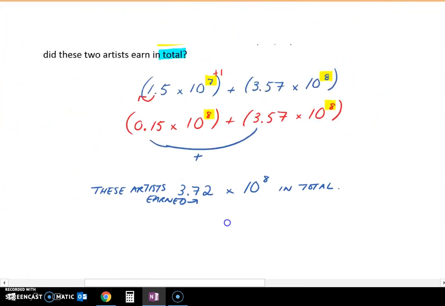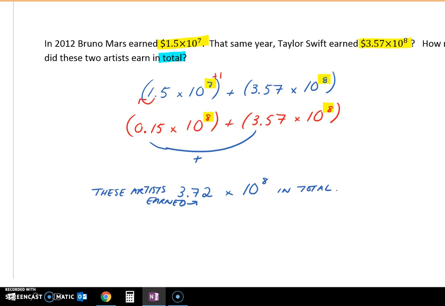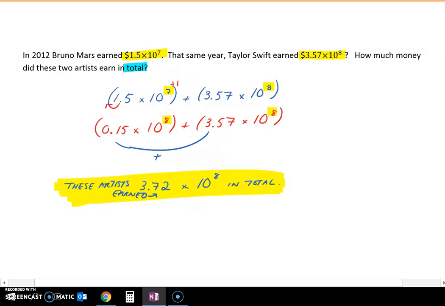Let me zoom out for you a little bit. And clearly I was a little off with my spacing there, but I think you get the idea. So we should probably do one more.